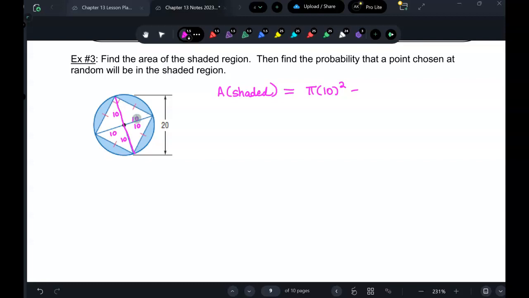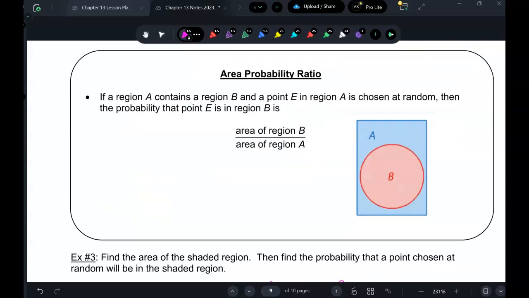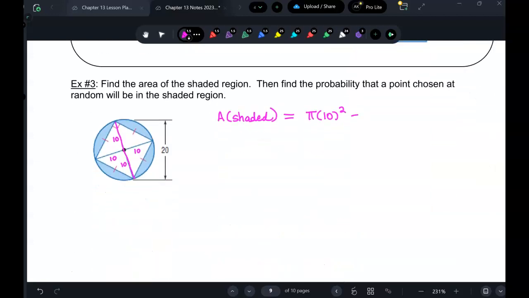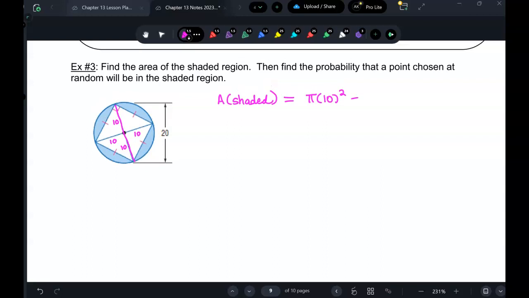Wait, region B is the smaller one? Region B is going to be the shaded area. So we're going to figure out the shaded area, and then divide it by the outside region, which is the region A circle. It's B, the area of region B, over the whole area of A. Is the white shaded?